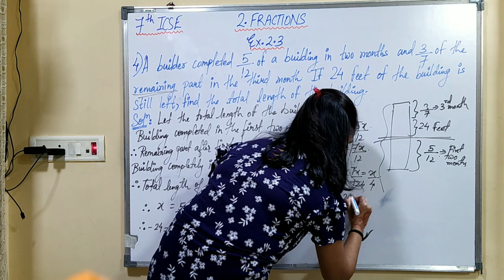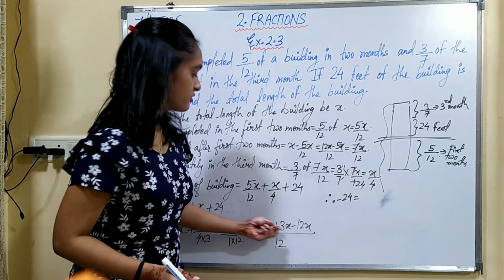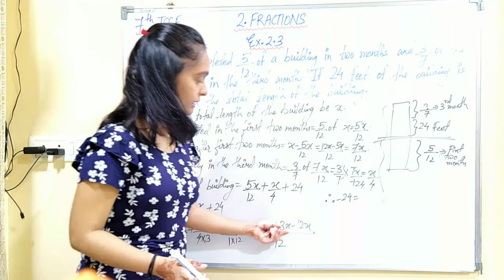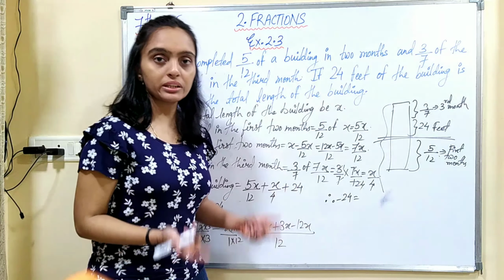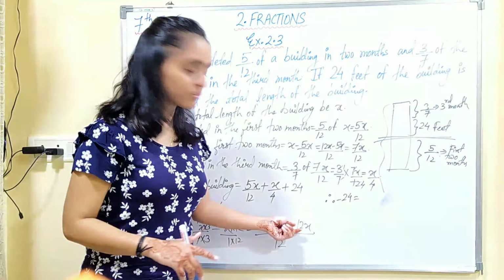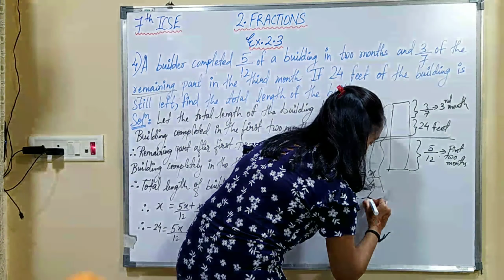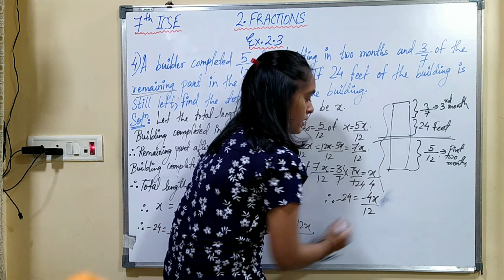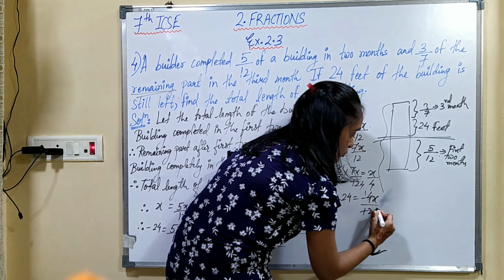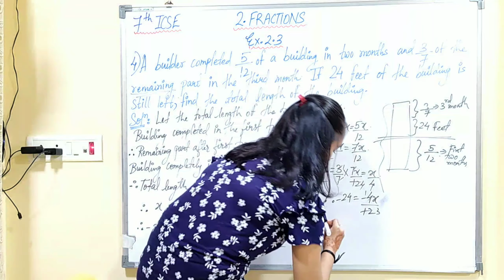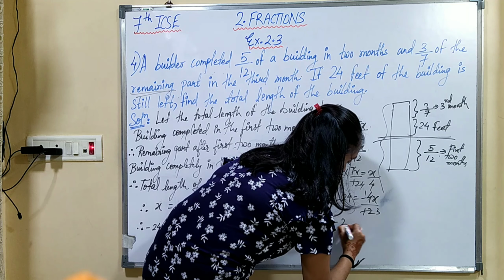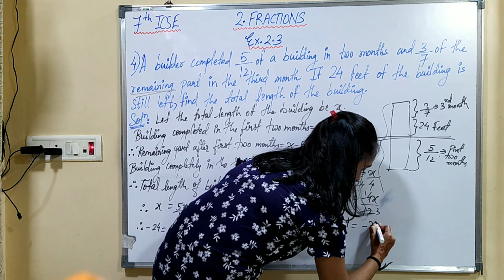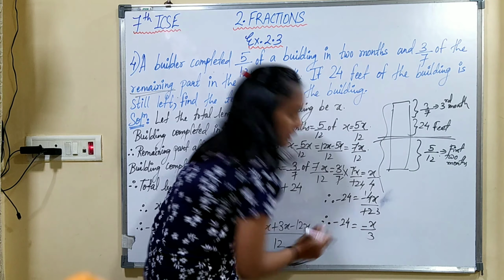Therefore, minus 24 equals to 5 plus 3 is 8 and 8 minus 12. So 12 minus 8 is 4 and sign of the greater number. So you are left with minus 4x upon 12 and 4 1s is 4, 4 3s is 12. So therefore minus 24 equals to minus x upon 3. Minus minus goes off.